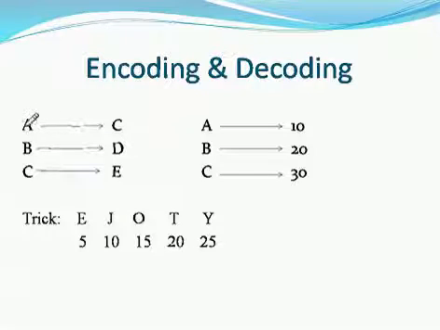For example, in this A is being encoded as C. Wherever there should be an A, there is C, and wherever there should be a B, there is D. So we need to find a key in this. What is the key? We are skipping B and reaching C, that means we are adding 1 here.